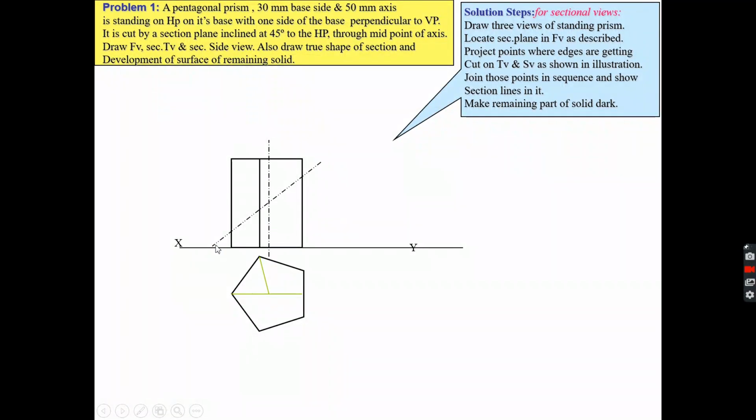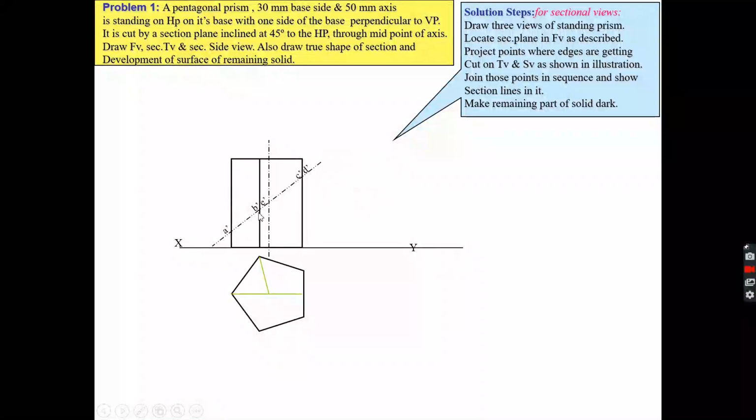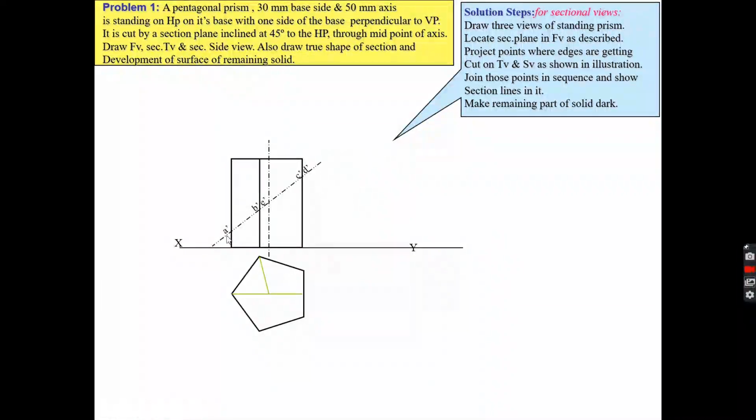Means it is cutting the solid at all the edges of the solid. Here I am naming the points a dash, b dash, c dash, d dash, and e dash, where the section plane is cutting the solid at the edges.